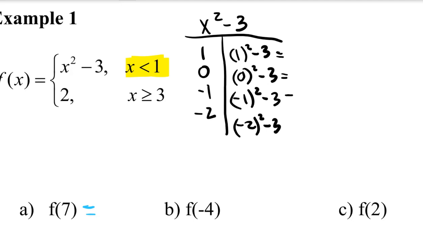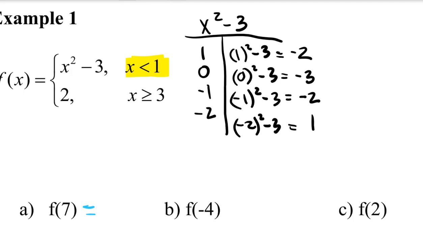So 1 squared is 1 minus 3 is negative 2. 0 squared minus 3 gives me negative 3. Negative 1 squared, be careful here, that's positive 1 minus 3. We get negative 2 again. And negative 2 squared minus 3 gives us 4 take away 3, which is just plain old 1. So these are my values right here.